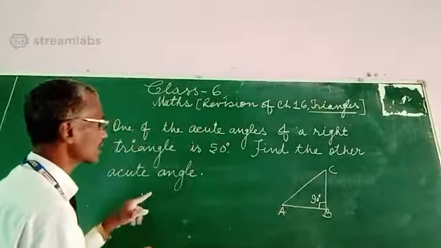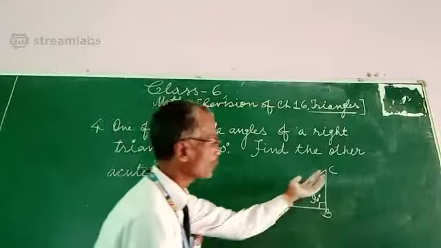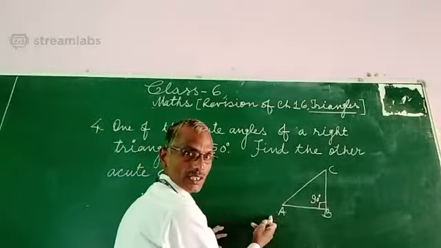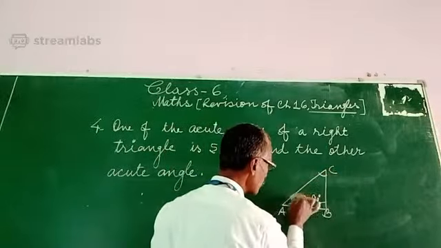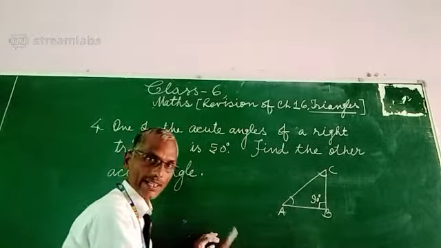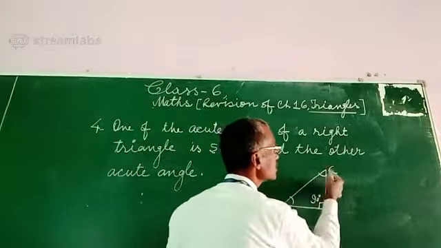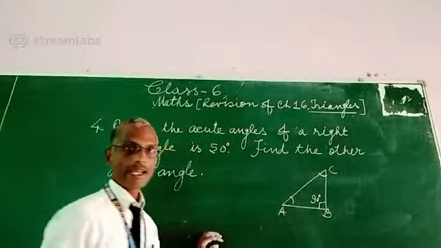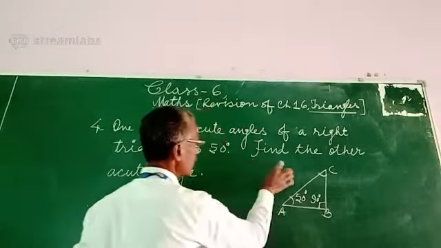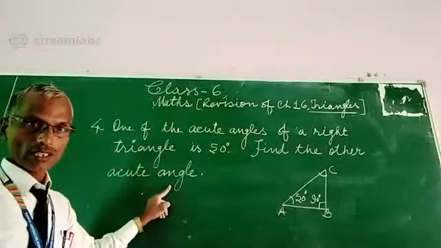It is given that one of the acute angles of a right angle triangle is 50 degrees. So we have to find the other acute angle.